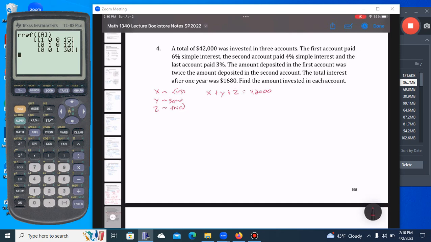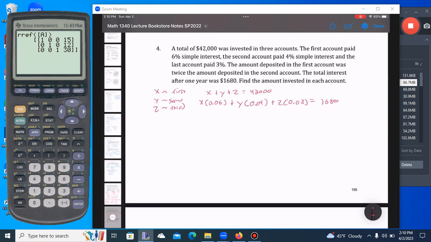The total interest is 1680. So X times the interest, which is 6%, 0.06, plus Y times 0.04, plus Z times 0.03, has to equal 1680.